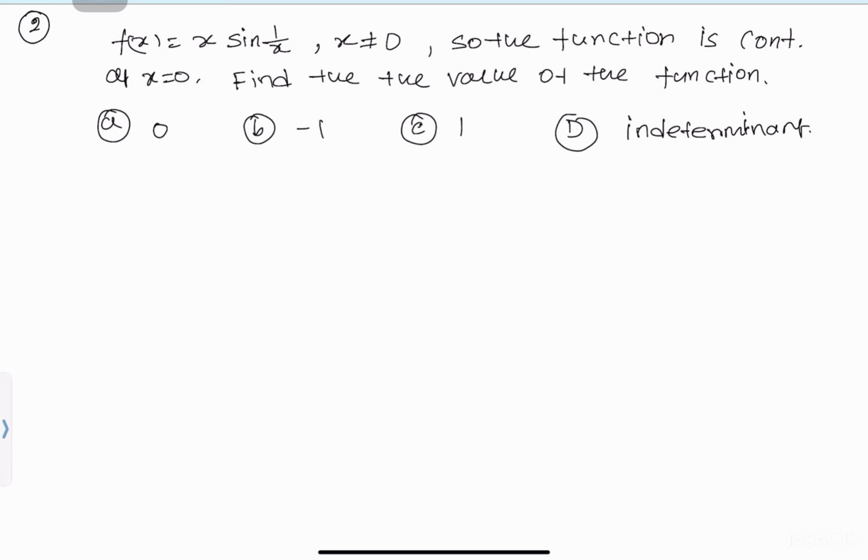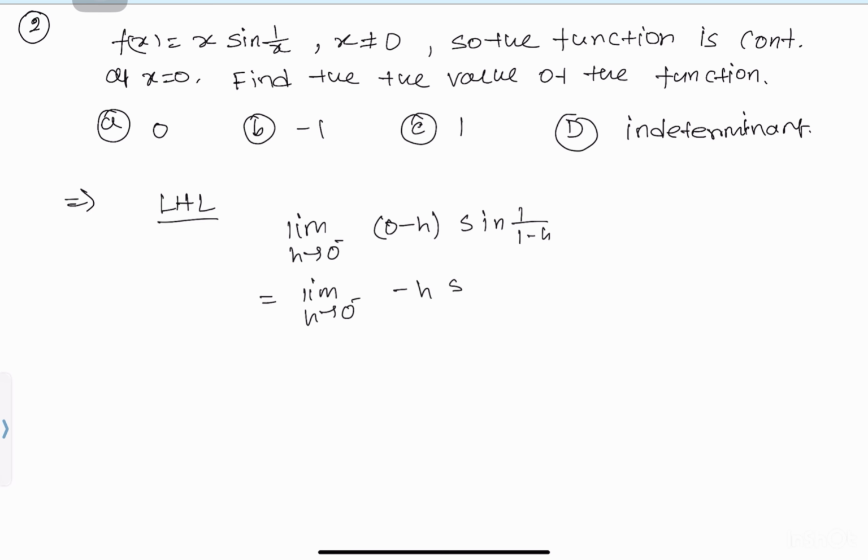Okay, so I have to first find the left hand limit. Limit h tending to 0 negative, that means in place of x you have to write 0 minus h, sine 1 by 0 minus h. This is correct. Now limit h tending to 0 negative, minus h sine of minus 1 by h.